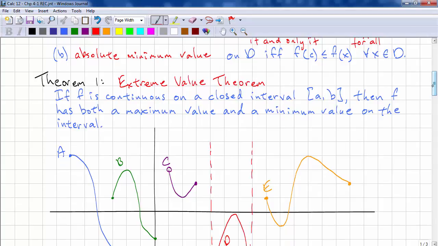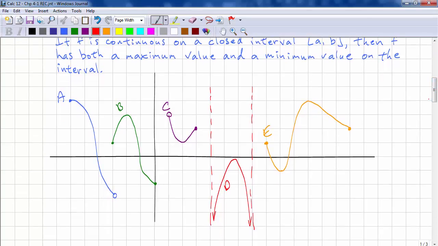If f is continuous on a closed interval, that means that it includes the endpoints a and b, then f has both a maximum value and a minimum value on that interval. So let's look at this example. This is not a closed interval, so it's not required to have a minimum or a maximum, but it can.